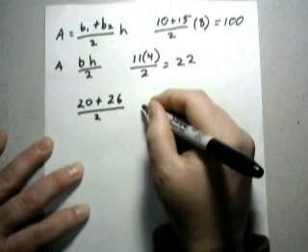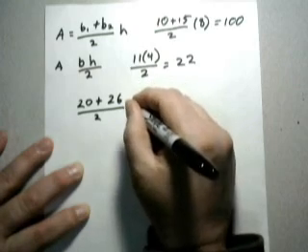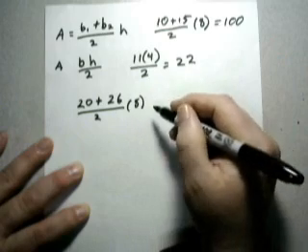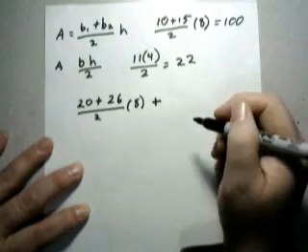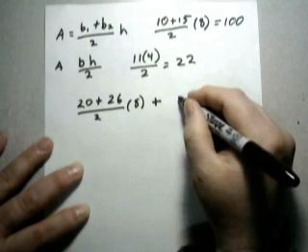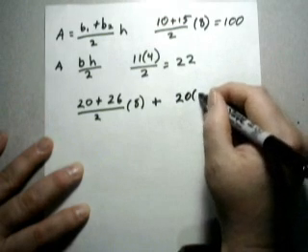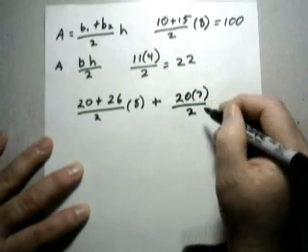Divide that by 2. And it looks like the height is 8. So that is the area of the trapezoid part. And then we're going to add to that the area of the triangle part. So the base is 20. The height is 7. And then divide that by 2.